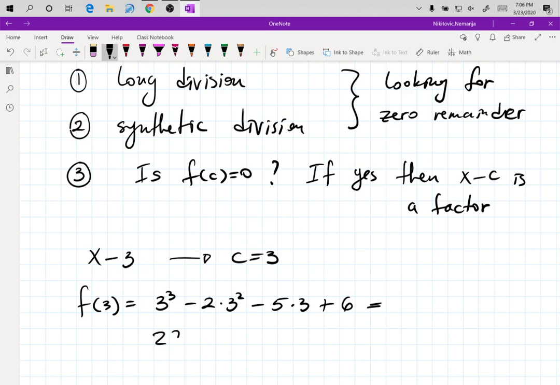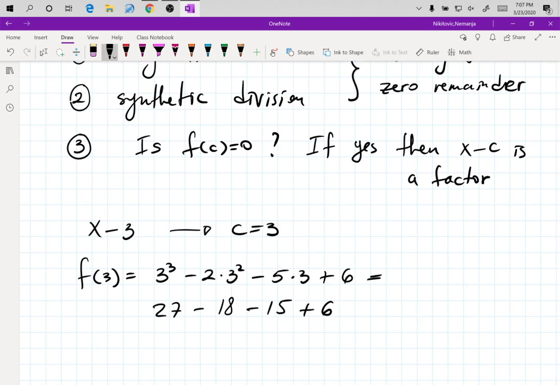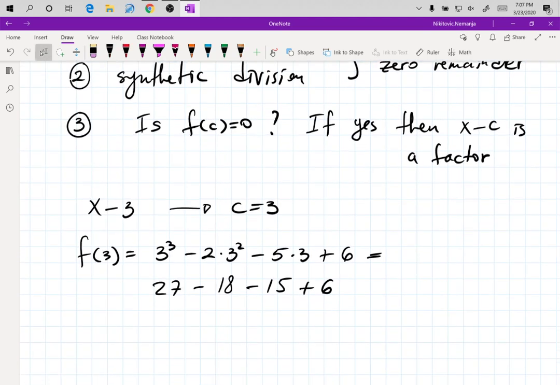So I have 27 minus 2 times 9, which is 18, minus 15 plus 6. 27 minus 18 is 9, and 9 minus 9 is 0.